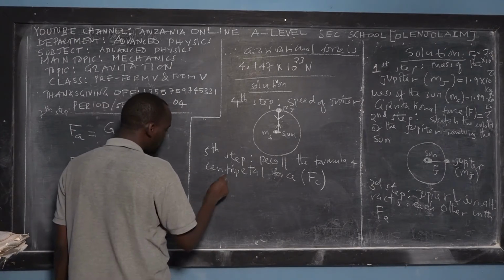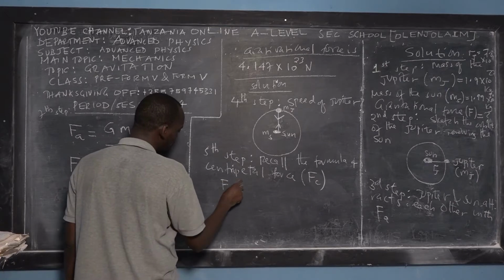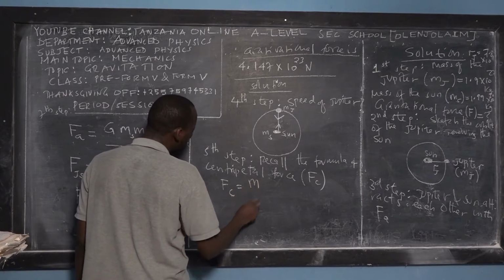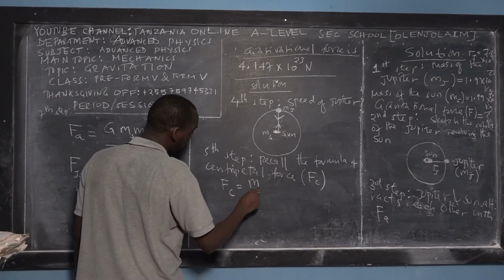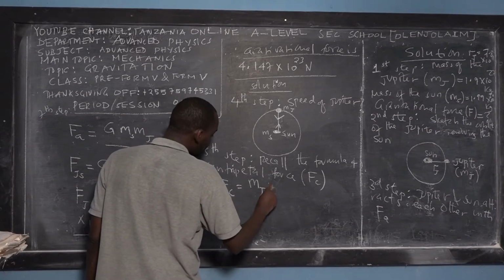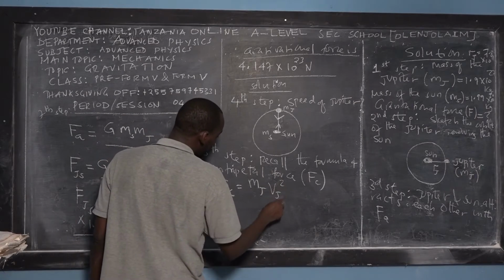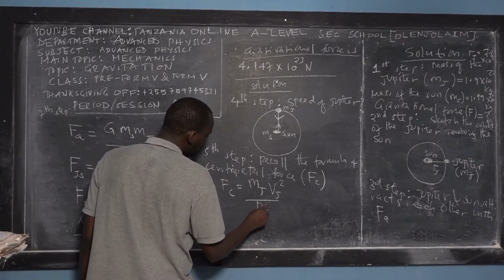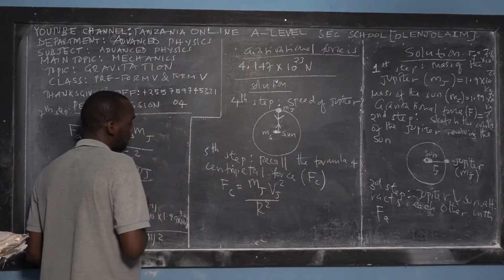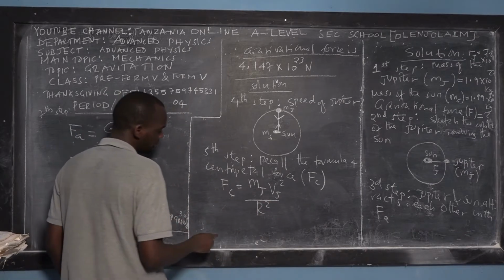So we say that from circular motion, the centripetal force is the mass of Jupiter times the velocity of Jupiter squared over r. This is the radius of what?